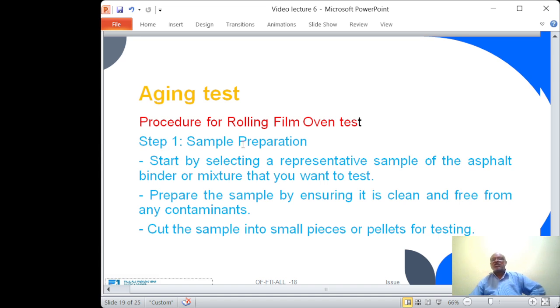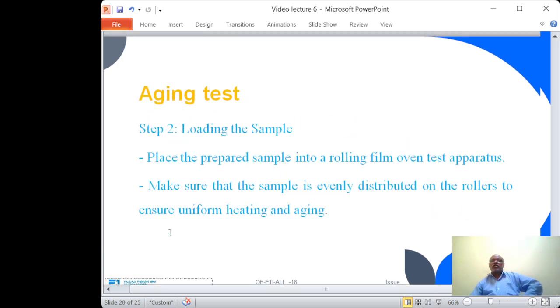Step 1. Sample preparation. Start by selecting a representative sample of the asphalt binder or mixture that you want to test, and then prepare the sample by ensuring it is clean and free from any contaminants. And then cut the sample into small pieces or pellets for testing.